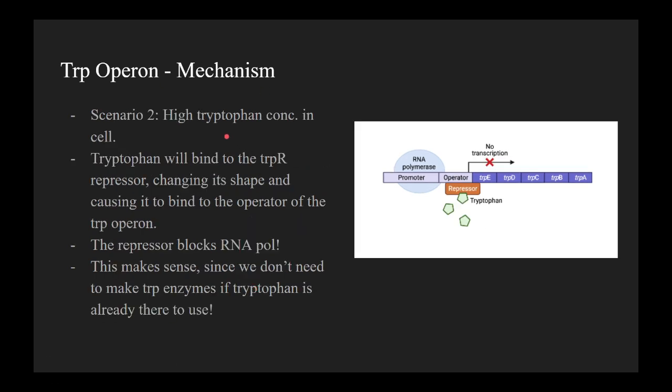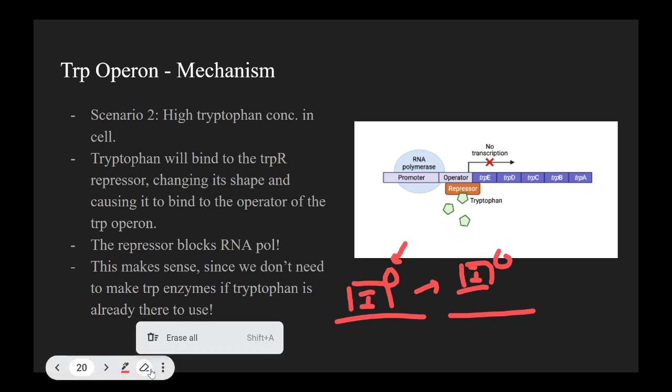Now, if we do have tryptophan, the opposite effect from the lac operon is going to happen. Remember, in the lac operon, we had lacI. Once a lactose molecule bound to it, it fell off, and then you could transcribe. In the trp operon, it's the opposite.